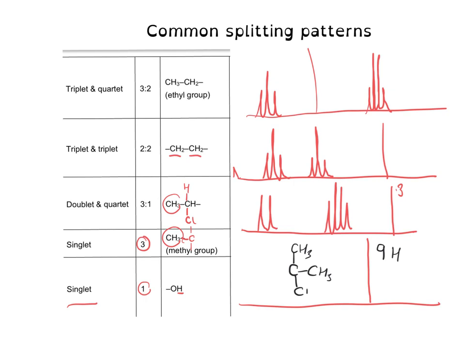So that's a singlet with 3 methyl groups on it, because even if we have a proton here, its adjacent carbon has only joined to carbon atoms, not to hydrogens. So this is really common in branched molecules. Look out for it. So that's a singlet with a height of 9.